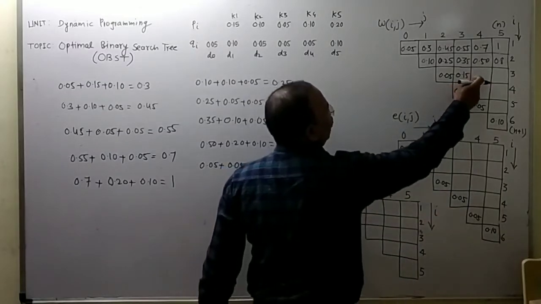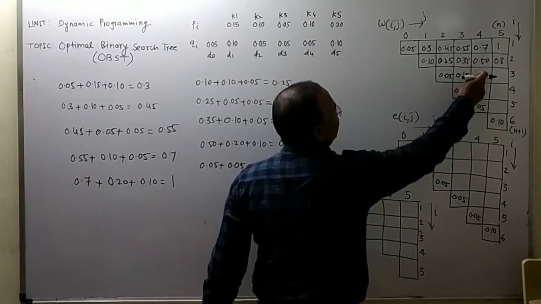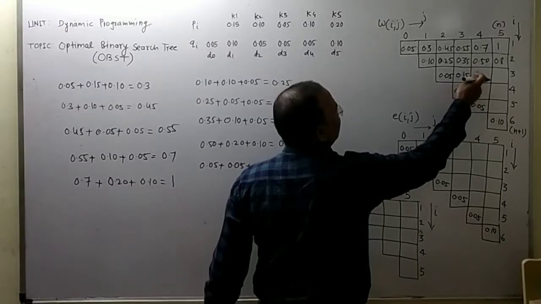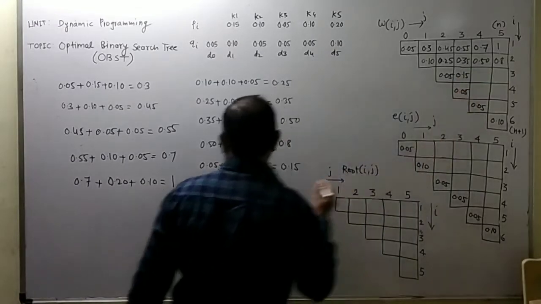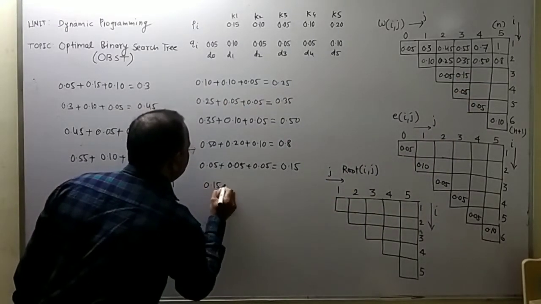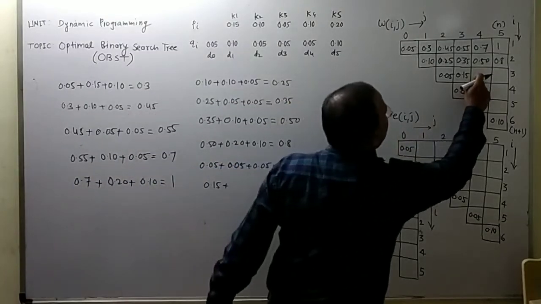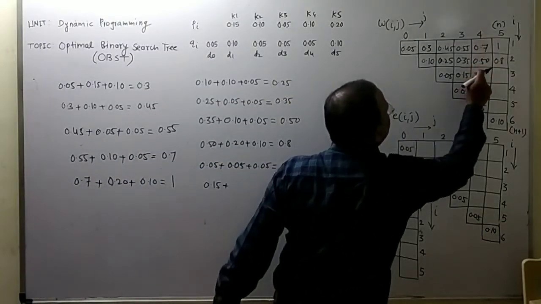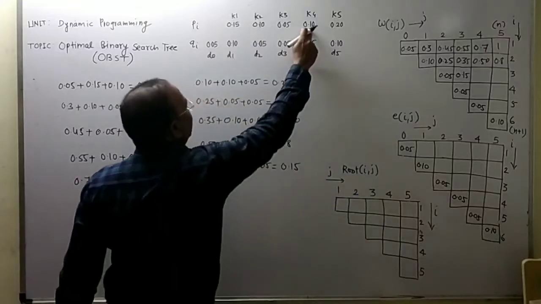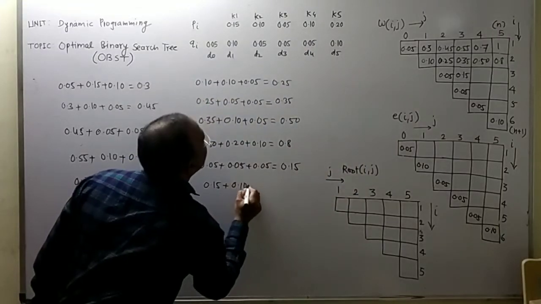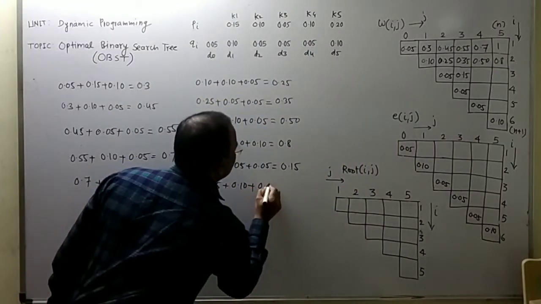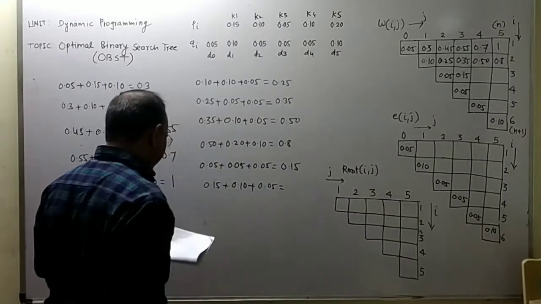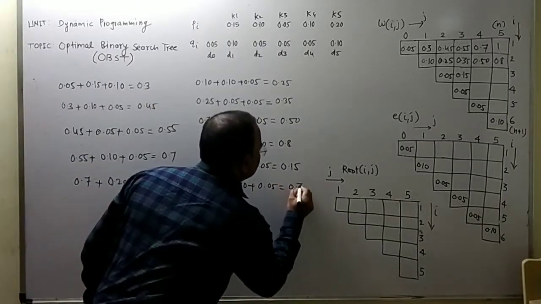Then try to get the value for this cell. Consider the previous value 0.15 plus the probability of K4 and D4, that is 0.10 plus 0.05, which is equal to 0.30.